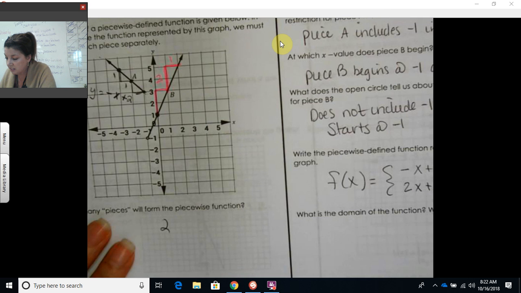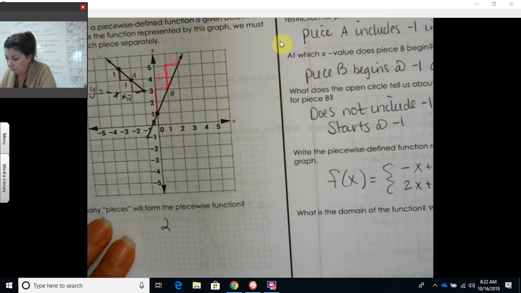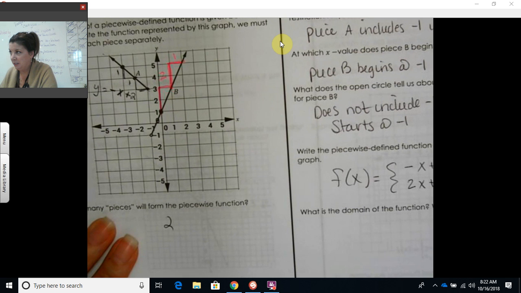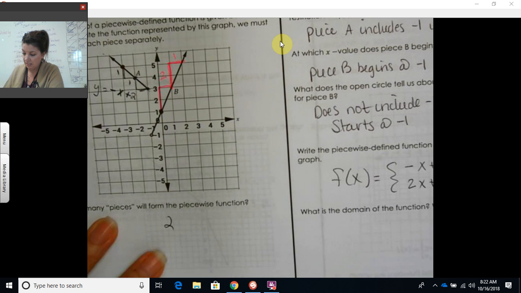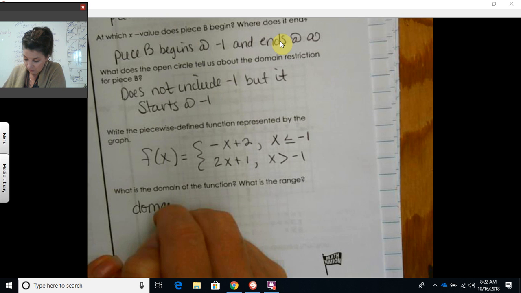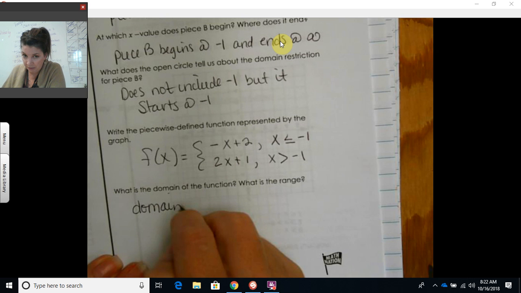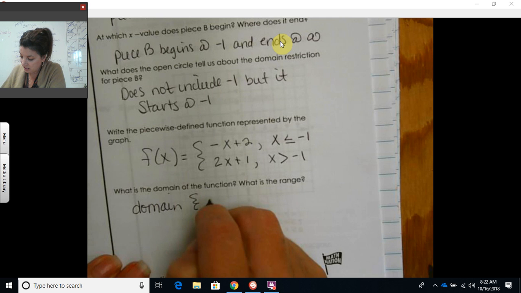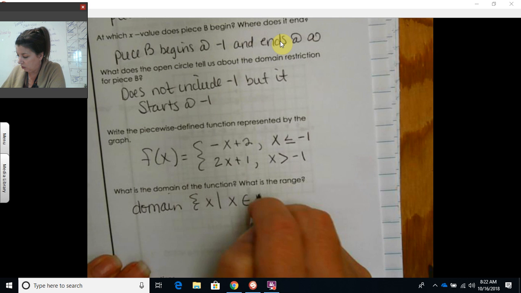What is the domain of the function? All real numbers. What is the range? y is greater than -1. Does it include -1? No. Okay. So the domain is all real numbers. I'm going to be fancy and say x such that x is an element of all real numbers.